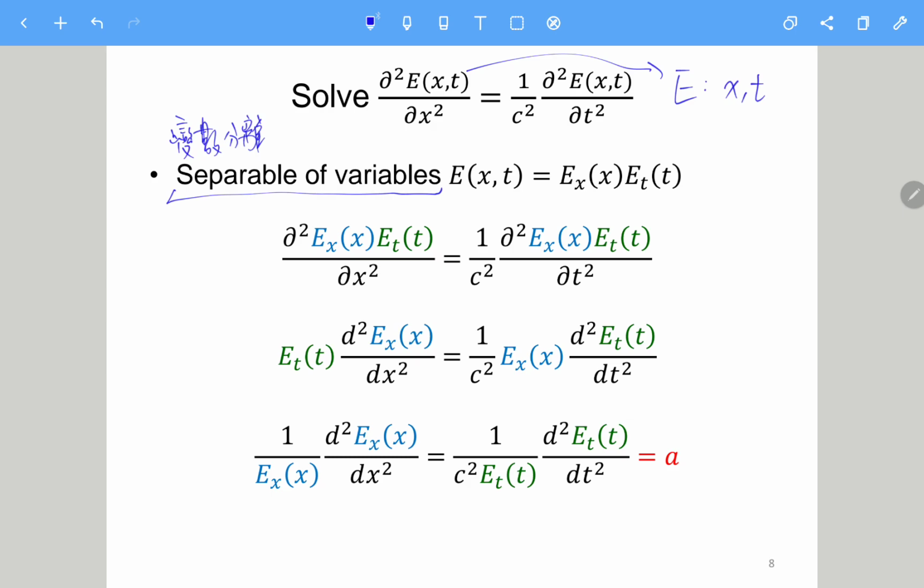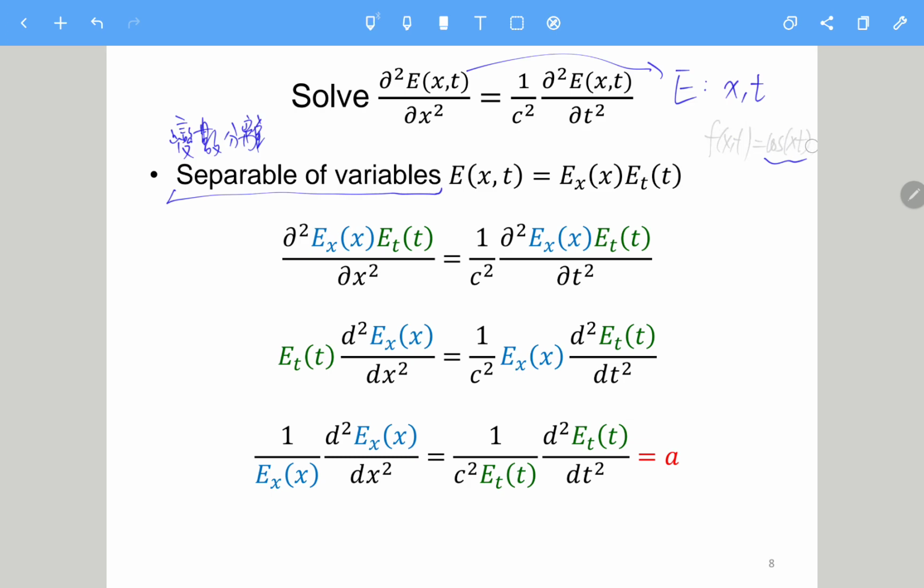Just like, suppose for a function of x and t, it can be coupled together like, let's say, cosine of xt, then it is coupled together and you cannot separate it into something. Then it might not work. It may not work if you use separation of variables.